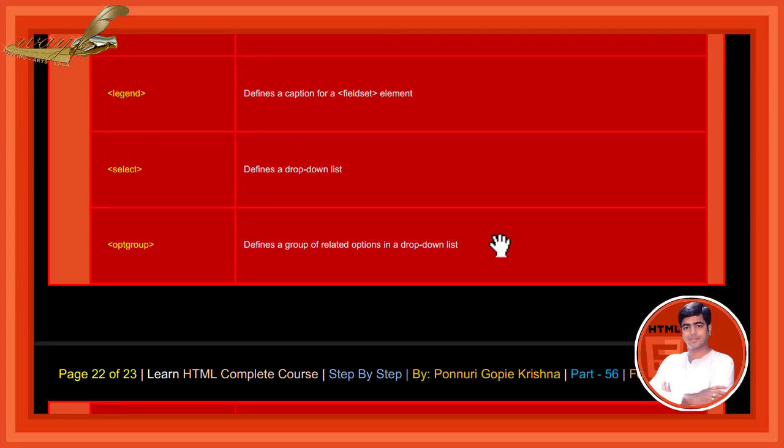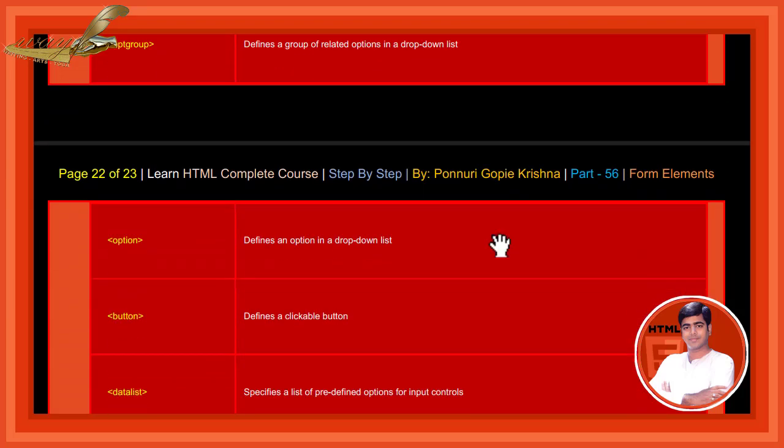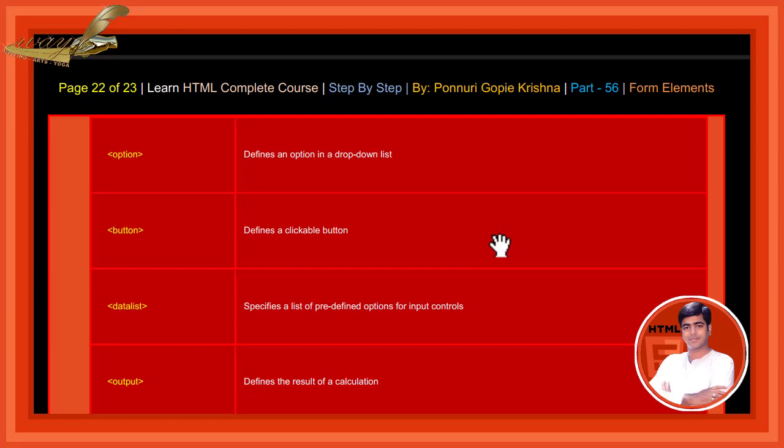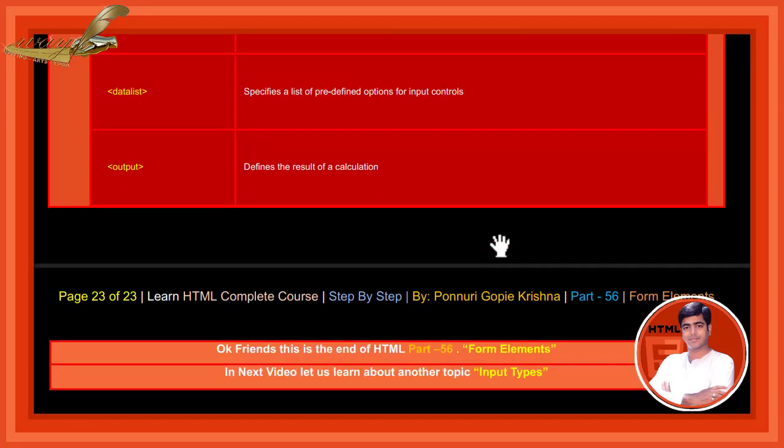Select defines a drop-down list. Optgroup defines a group of related options in a drop-down list. Option defines an option in a drop-down list. Button defines a clickable button. Datalist specifies a list of predefined options for input controls. Output defines the result of a calculation.